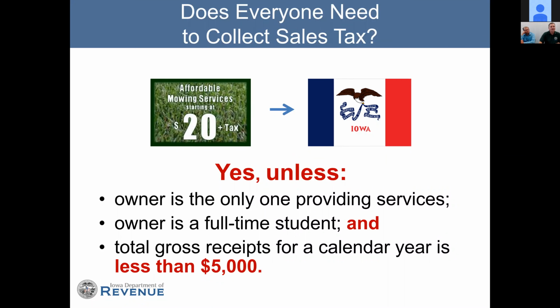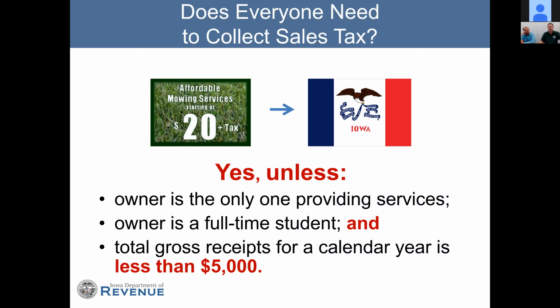How about this, Terry? If they're doing $4,500 worth of lawn mowing and $1,500 worth of seeding work, how do you treat that? If we're getting into the seeding type of work, if it is for new construction or something, that's not going to be taxable anyway.